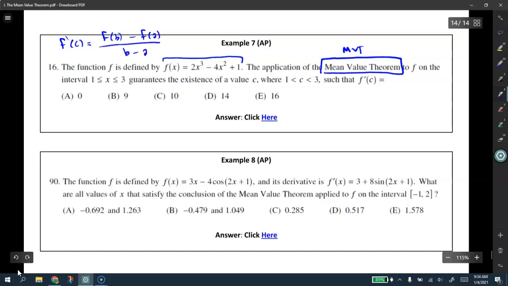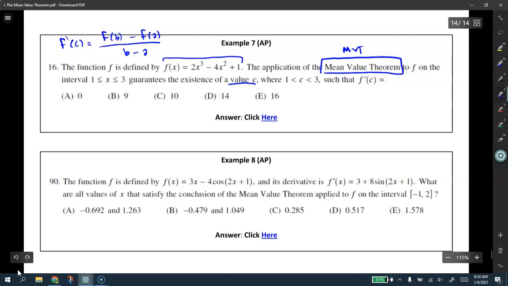Like I said, it's simply an average rate of change, and you're setting it equal to an instantaneous rate of change. And they even use the value c there. So specific to our question, we need to take a derivative at c, and that's all we really need to worry about, because it's not asking you what the value of c is.